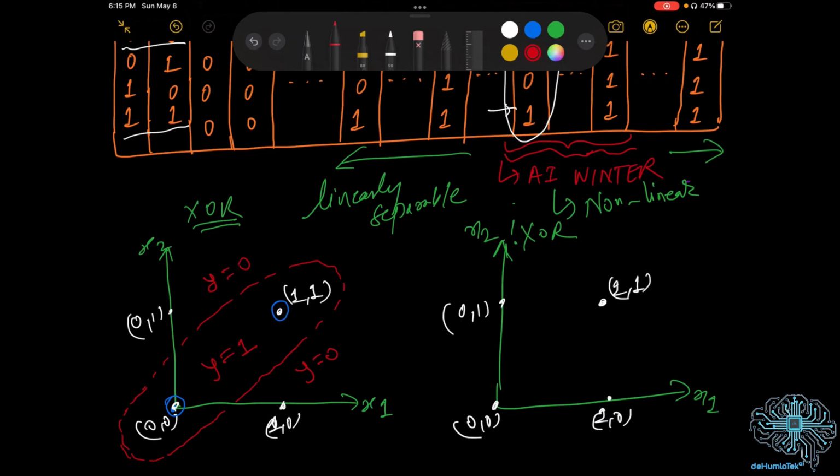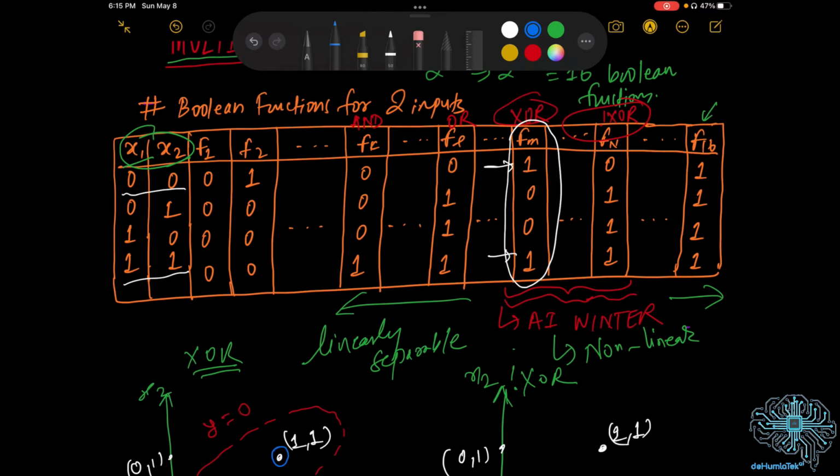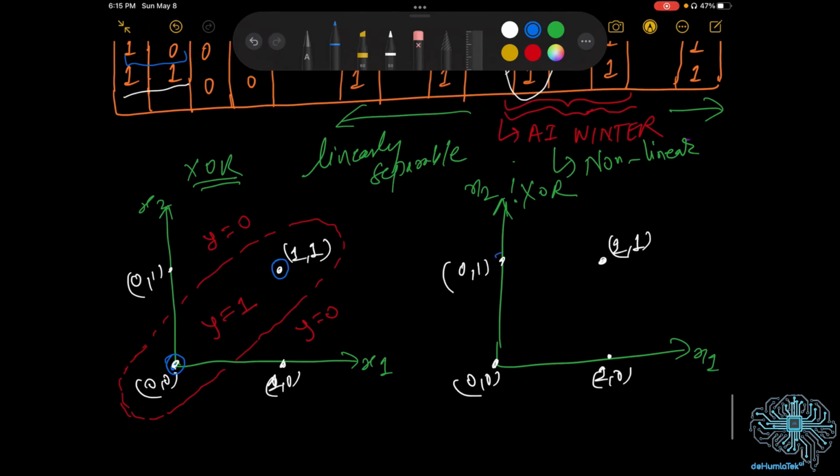Similarly, if we look at XNOR, the neuron will fire only when the inputs are the same. That is here, and this is the condition where the neuron fires. The same thing applies here.